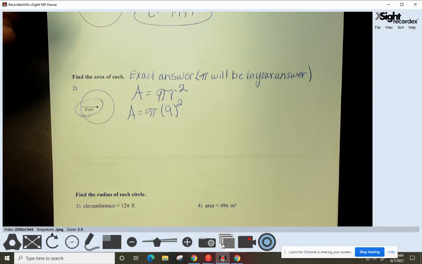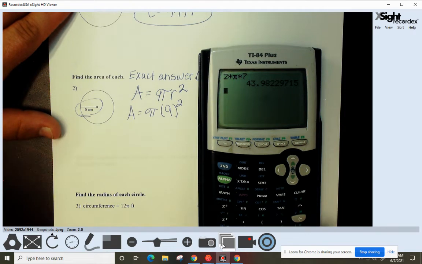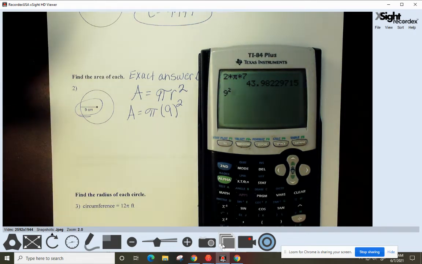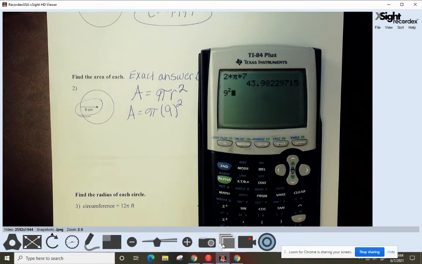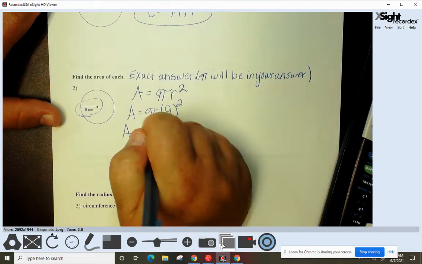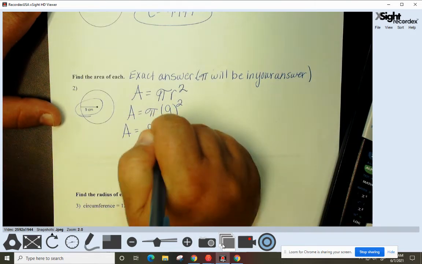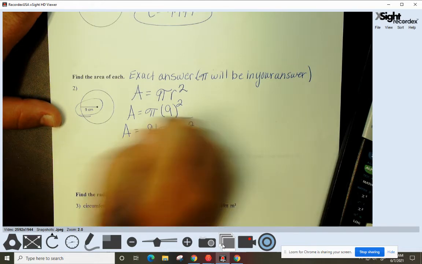Now when I get ready to put this into my calculator, all I got to do is do 9 squared. I will not put the pi in the calculator because it doesn't tell me to. So 9 squared is 81. So my area is going to be 81 pi centimeters squared.